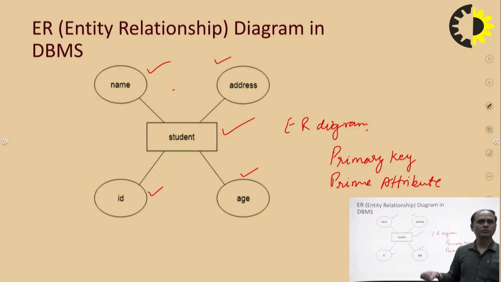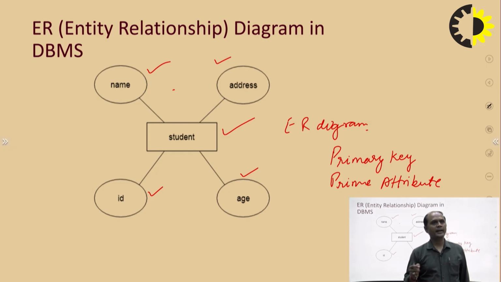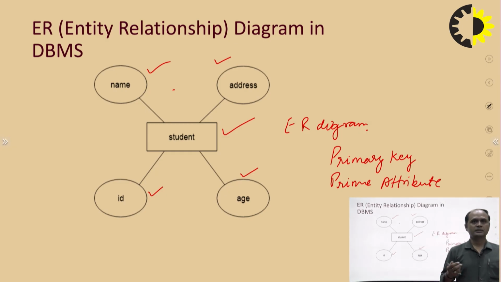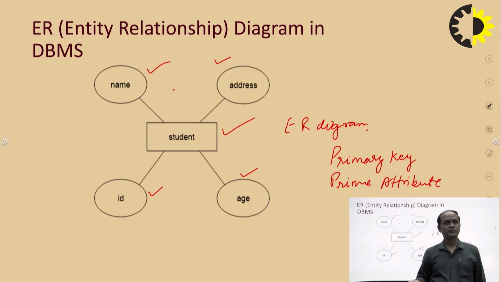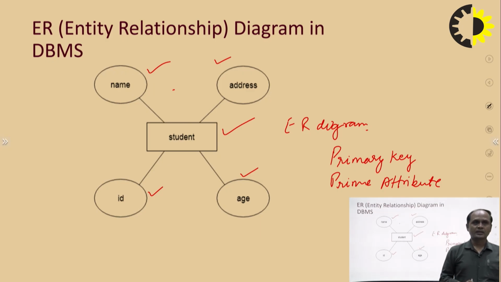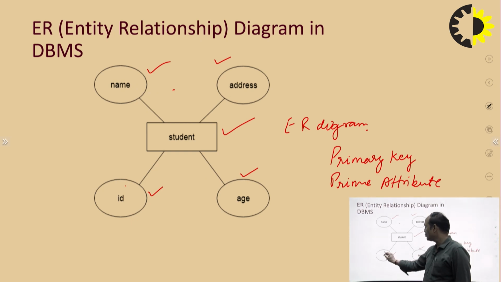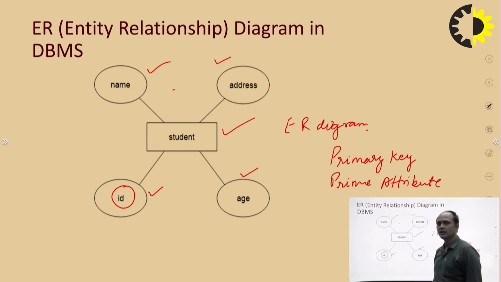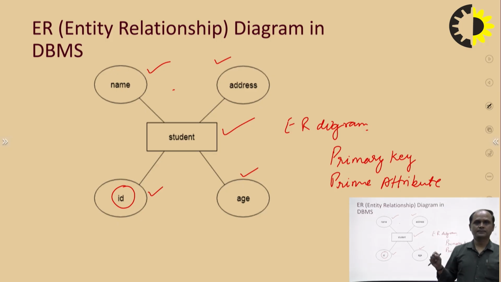What is the prime attribute of the student entity? Name, address, ID and age. There are four attributes, but names may be duplicated, address may be the same for two students, and age may also be the same for two or more students. So ID is the only attribute that we can map as a primary key.